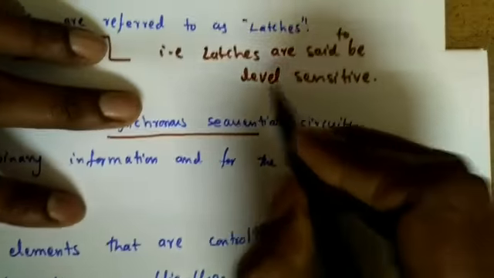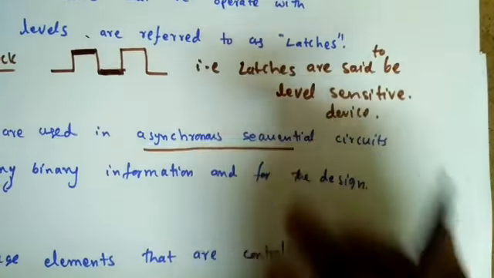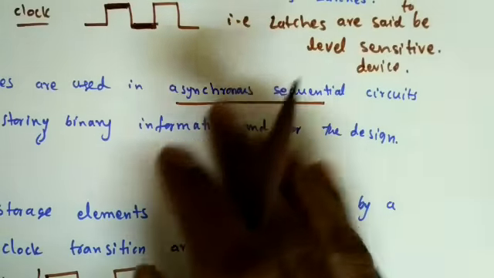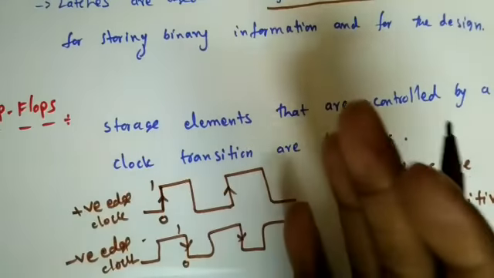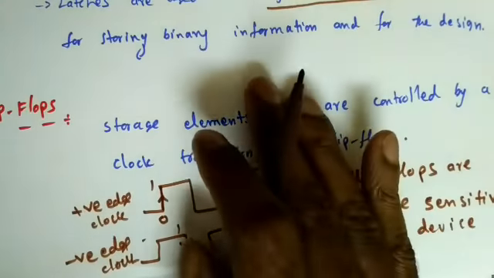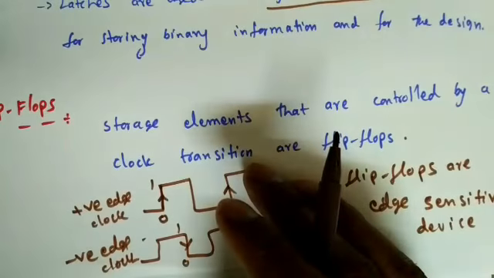This is the main difference between latch and flip-flop. Latches are used in asynchronous sequential circuits to store information and for design also, and flip-flops are used in synchronous sequential circuits to store binary information, right?